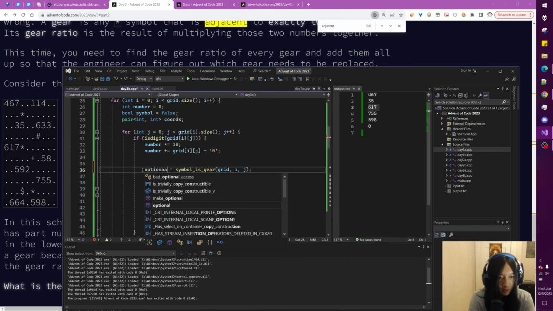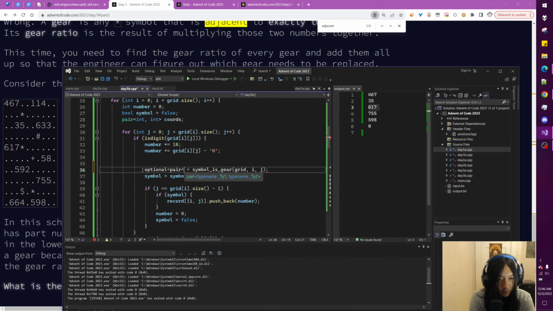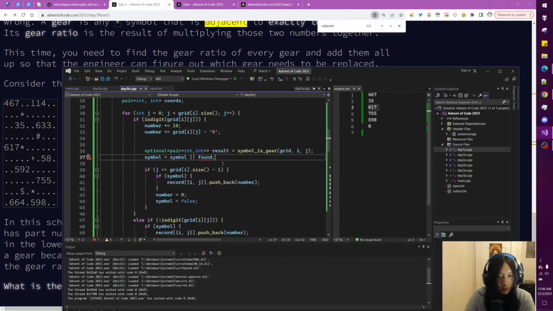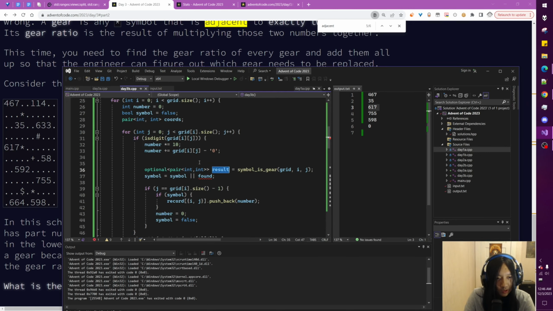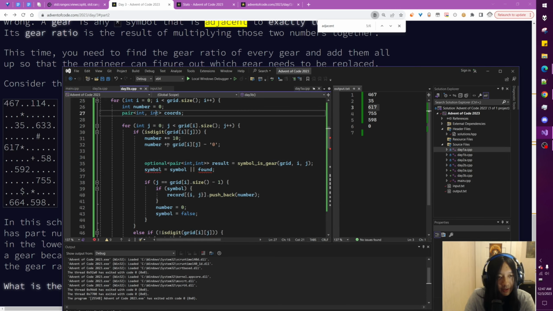Right. Okay. So now that I have the actual result, what can I do with that? Supposedly I can't use symbol now.